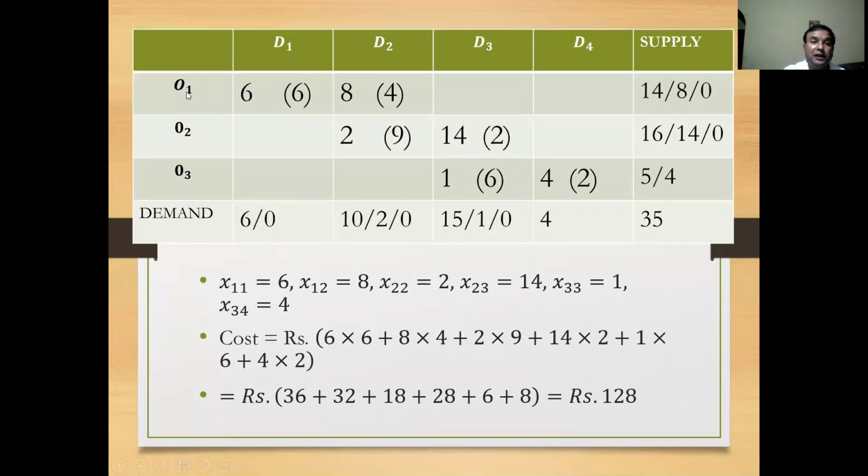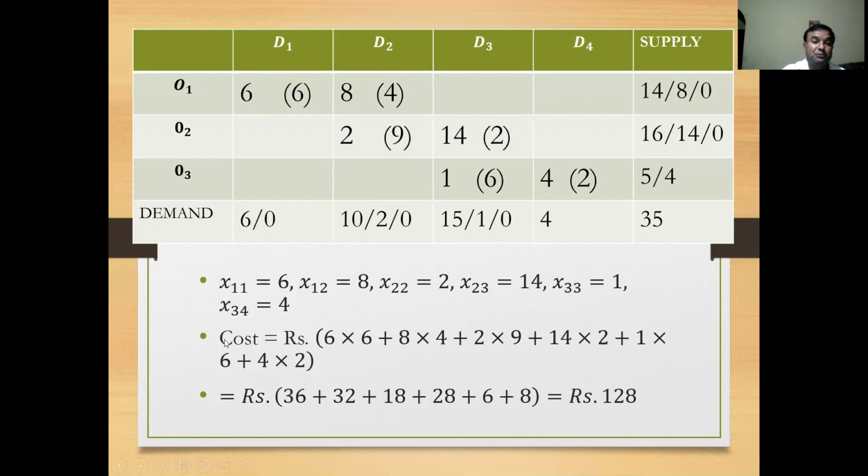X11 means first row, first column, and this value is 6. Then first row, second column, x12, is 8, and x13 is 5. Second row, second column, x22 is 2, x23 is 14, then x33 is 1 and x34 is 4.